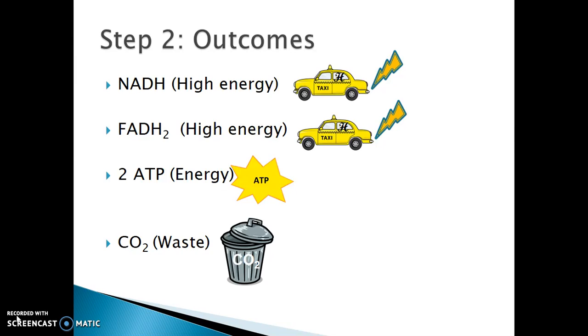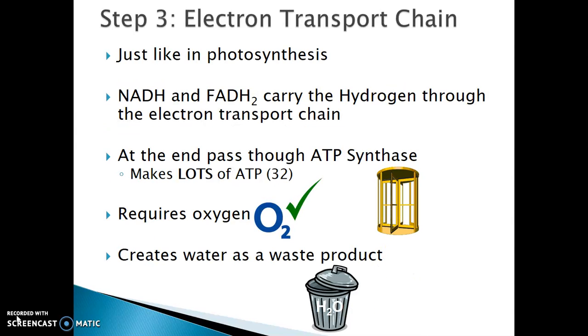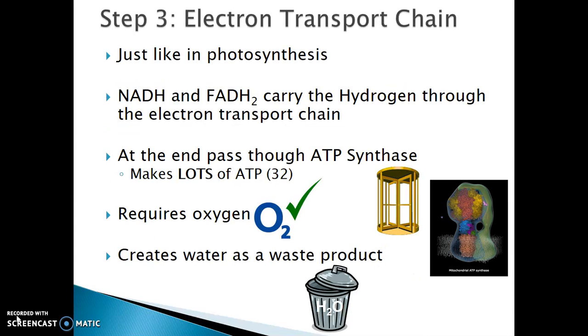We're going to take these high energy taxicabs, NADH and FADH2, and we're going to take them over to step 3. Step 3 is still inside of the mitochondria, and it is also going to require some more oxygen. Step 3 is called the electron transport chain.